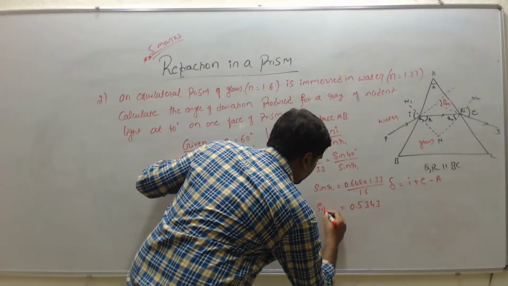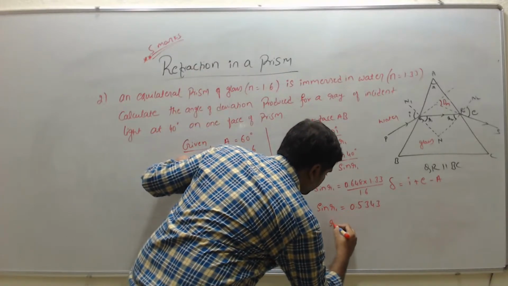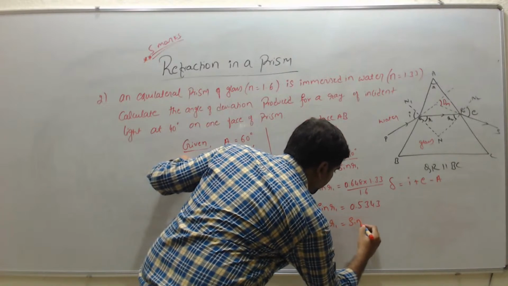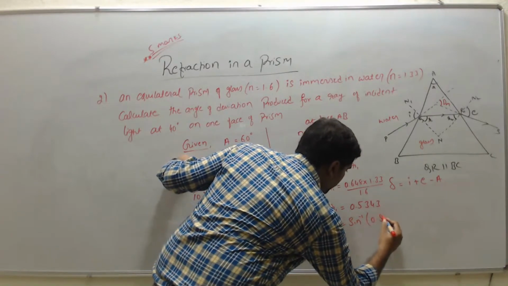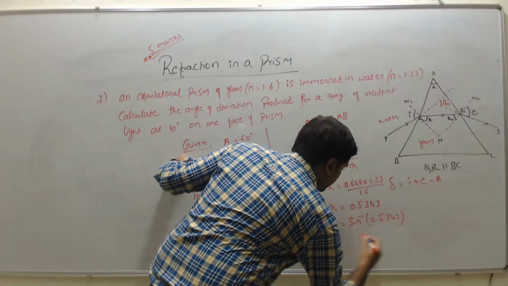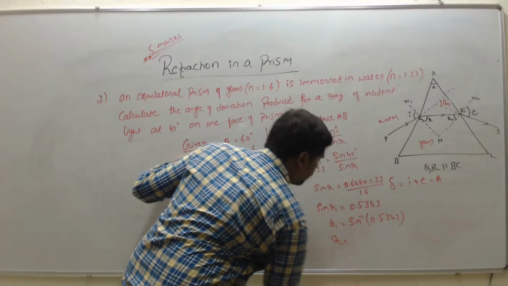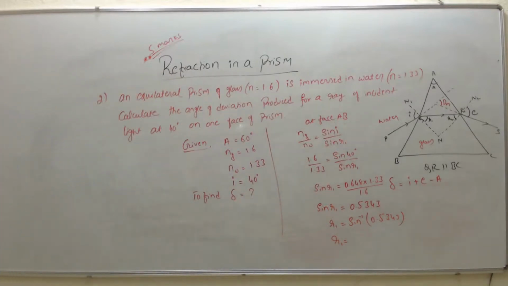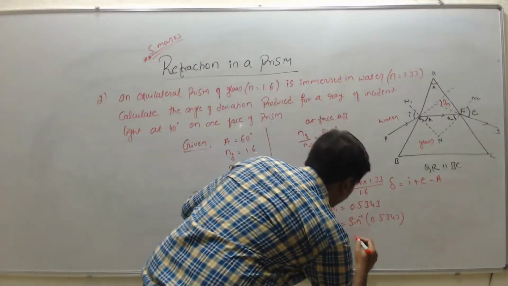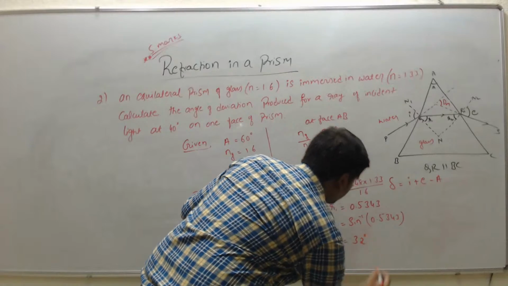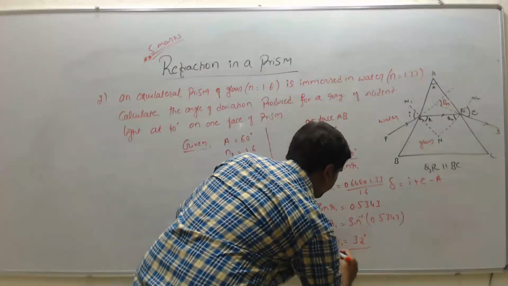We need the angle of refraction R1, so R1 equals sine inverse of 0.5343. Then we get R1 equals 32 degrees.